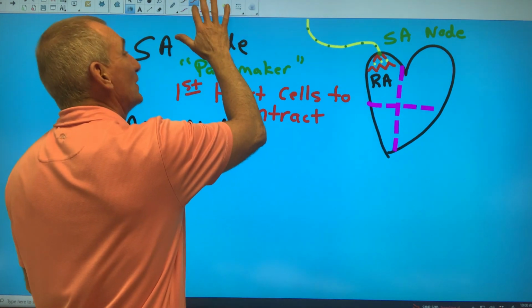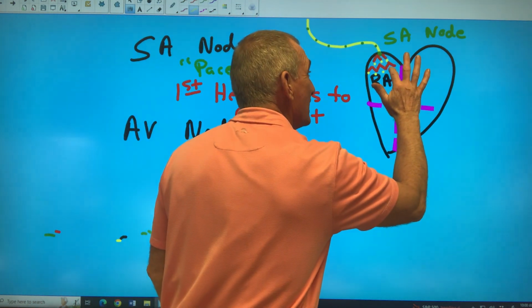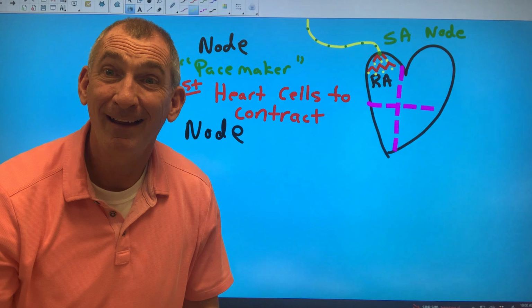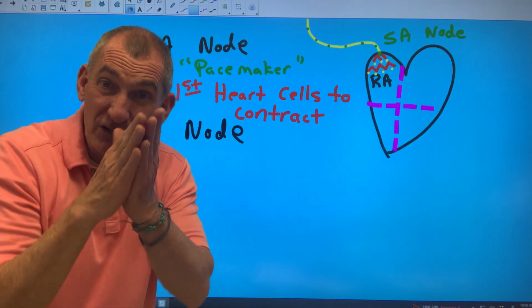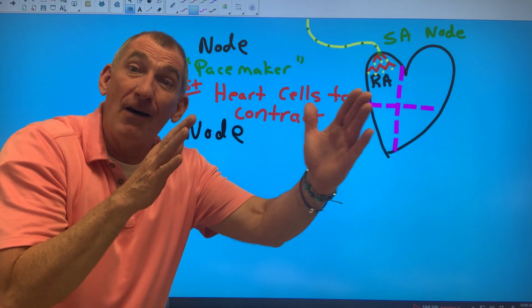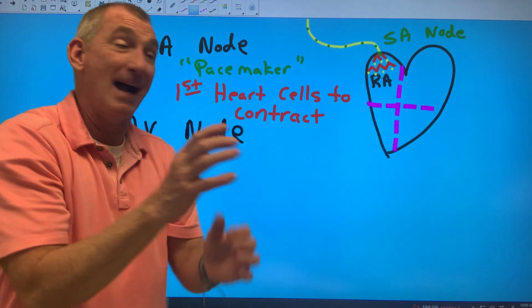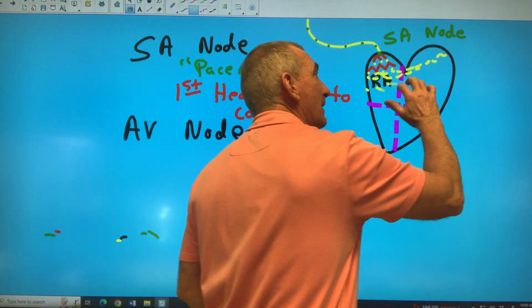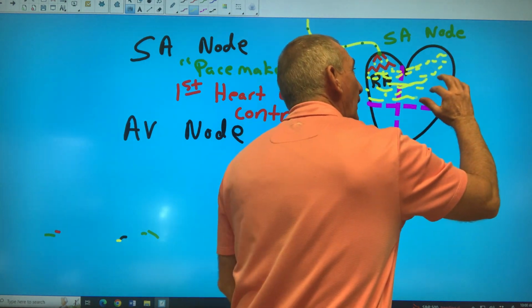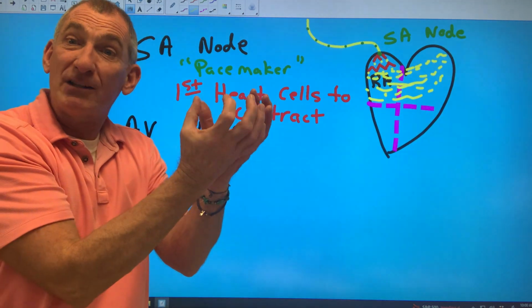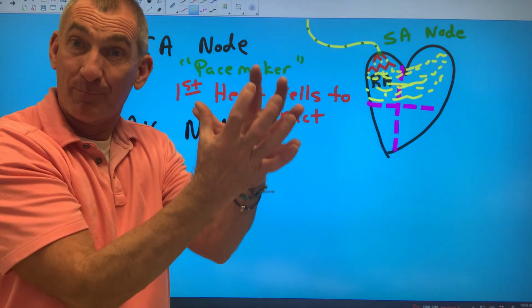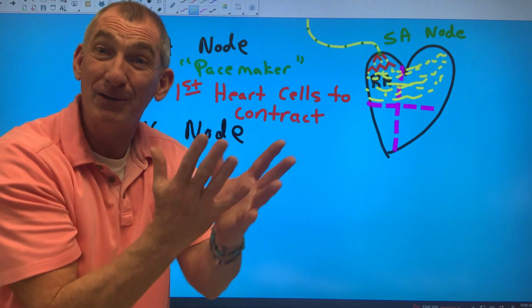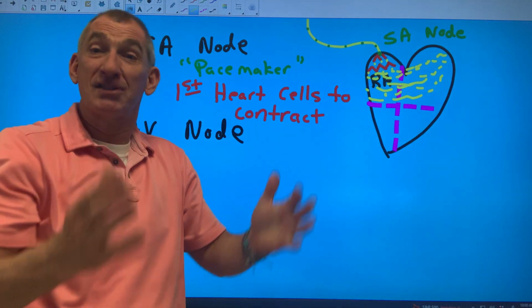And when they contract, they generate a little bit of electrical pulse. You see what's going to happen? It's going to trigger these series of heart muscles to start to contract. And it's going to cascade from the right atrium to the left atrium like this. And all of these cells then are going to start to contract. And when that contracts, the whole right atrium is going to contract. And when it contracts, it's going to suck the blood in.